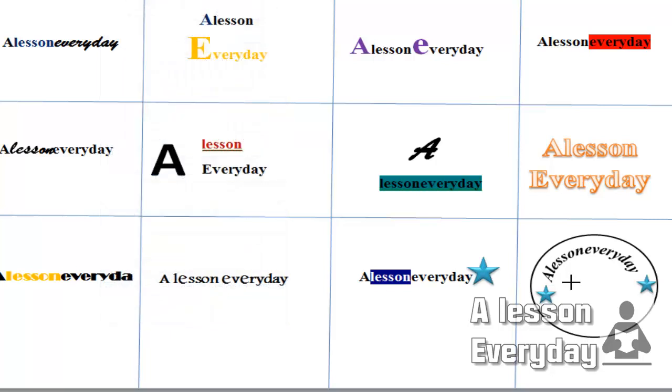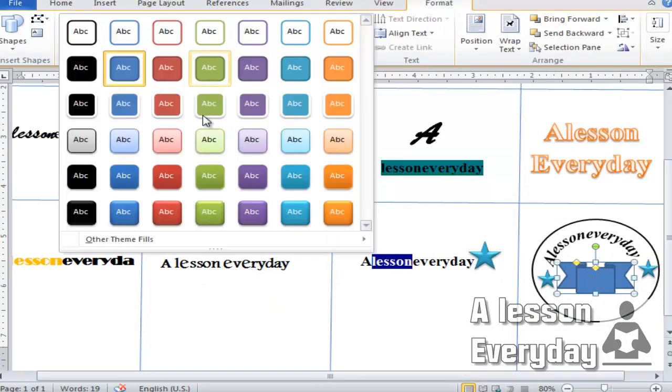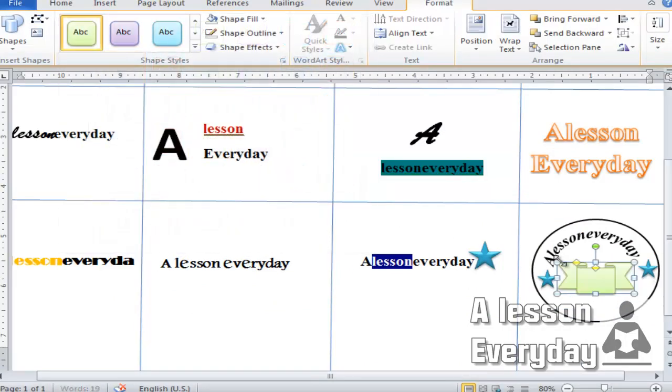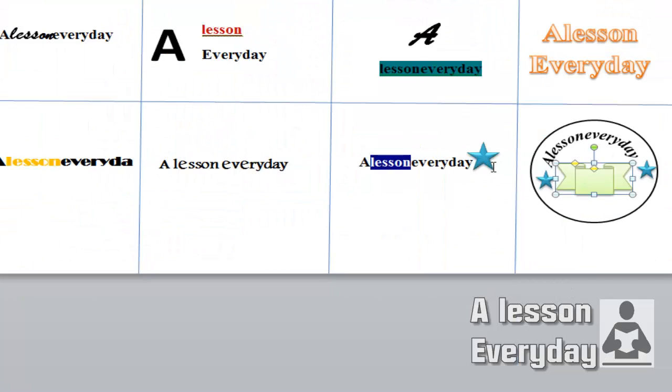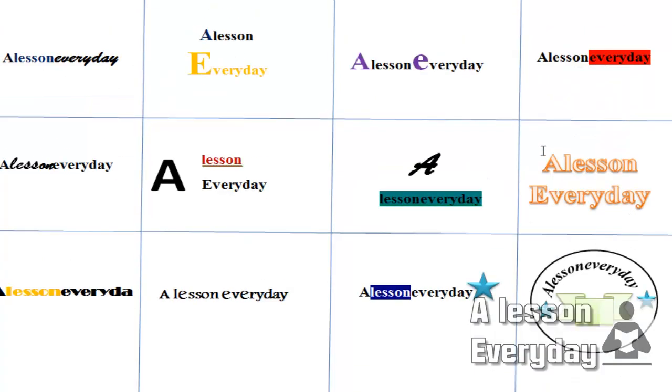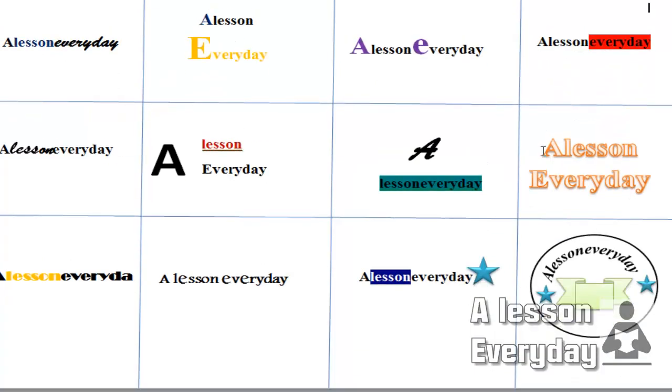You can add something like this here, or whatever you want to. You can put whatever thing you want there. Well, these are some ideas on how to create them.